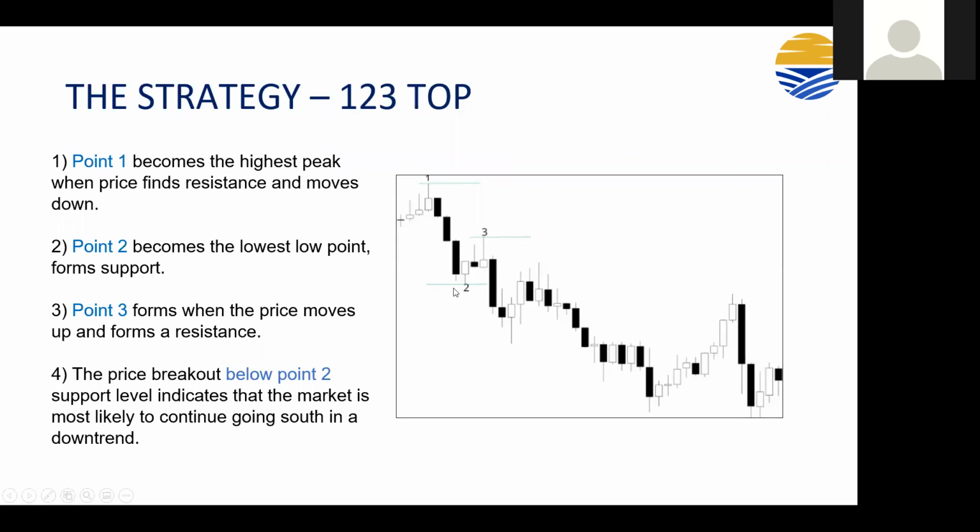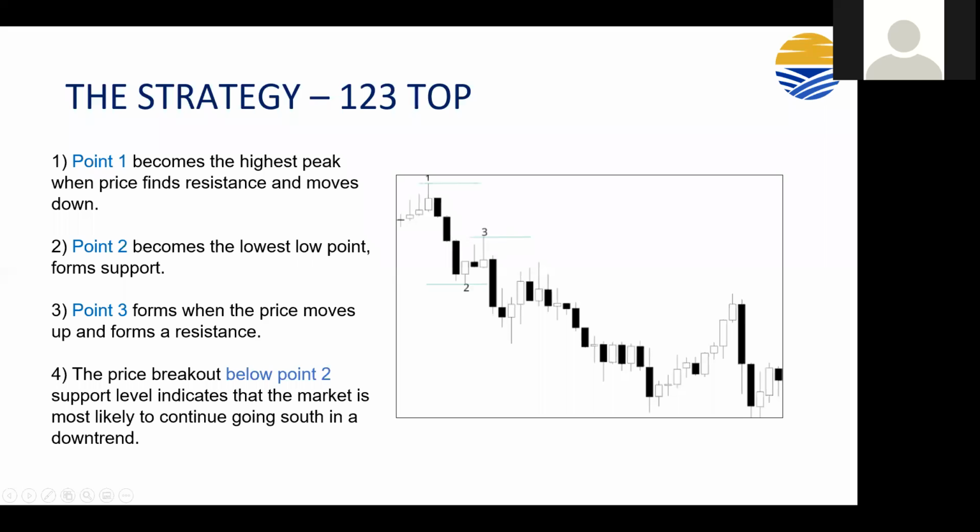Point 2 is formed when we find some short-term support and bounce up, giving us a 1, 2. And then point 3 is formed when the price moves up, retracing from the number 2, and then pulls back, giving us a 1, 2, 3. Now for a 1, 2, 3 top, the market could have come up here or up here or up here, as long as we don't take out that number 1 high, we have a 1, 2, 3.